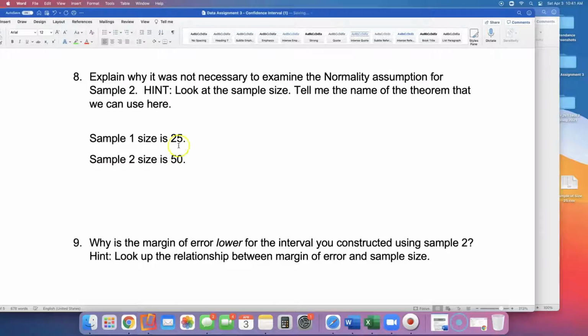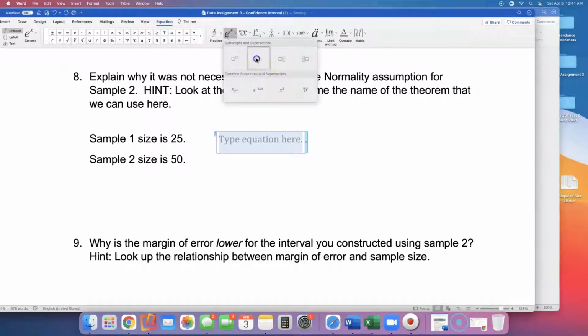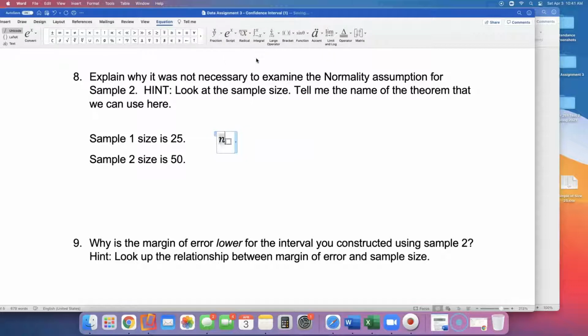You want to see a cool way to write the sample size for these 2 samples? You can do n with the subscript. I'll show you. We can say n1, sample size for sample 1, is equal to 25.